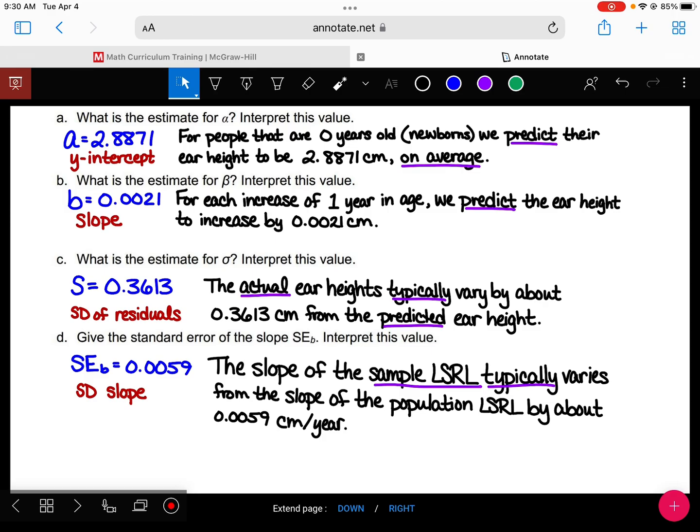Standard deviation of the slope, or SEB, tells me how much the slope of my sample least squares regression line typically varies from the population least squares regression line, or the true least squares regression line.